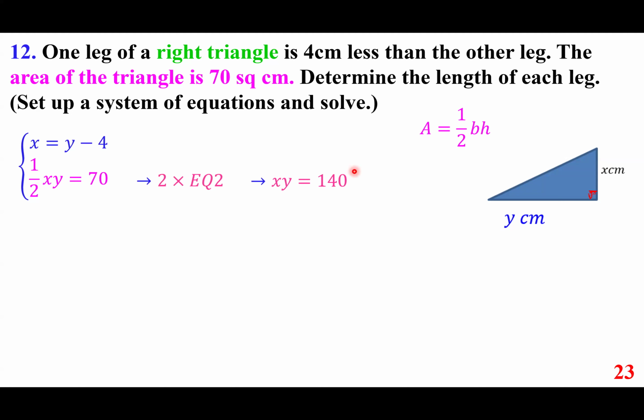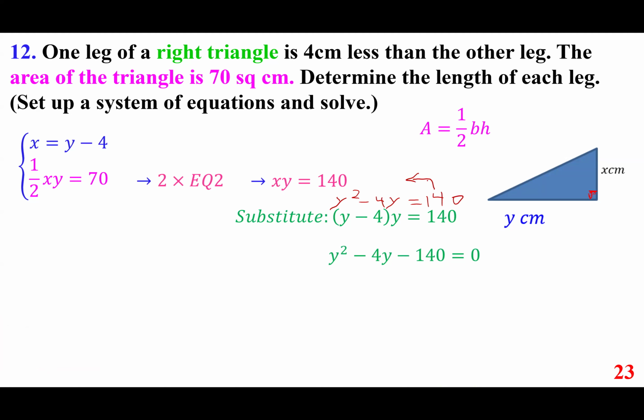Now, for this one, I can replace the X with Y minus 4. So we get Y squared minus 4Y is 140.